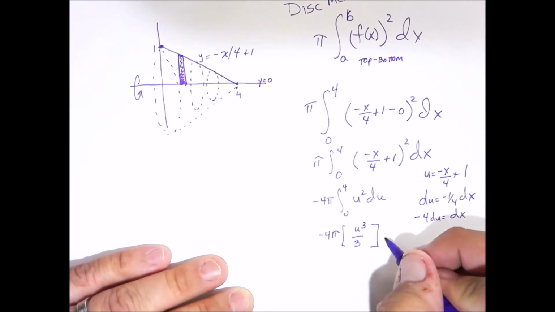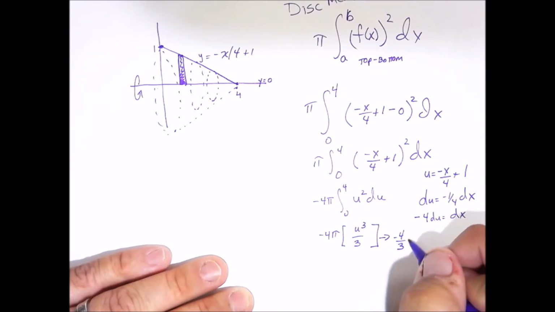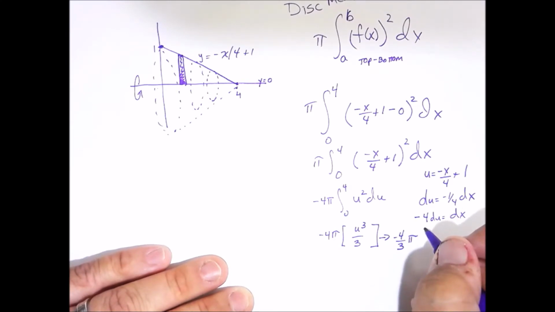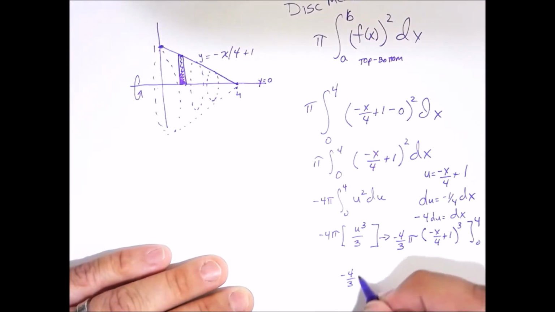Alright, so I'm going to make a little change. I'm going to make this negative 4/3 pi out in front, negative x over 4 plus 1 cubed from 0 to 4. So negative 4/3 pi.